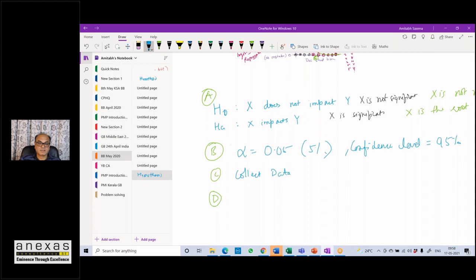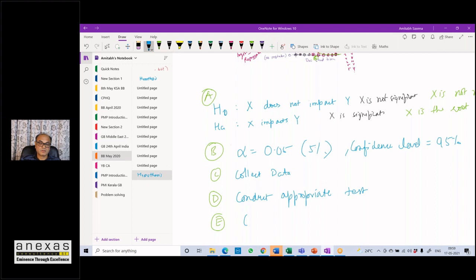Conduct the appropriate tests, whatever is appropriate, depending on X and Y. And then after that, what you will do?